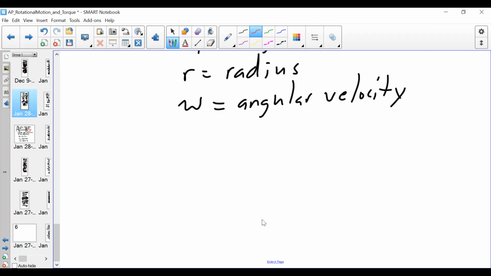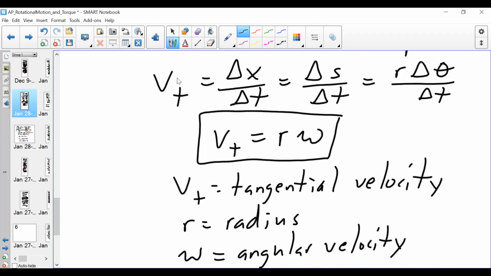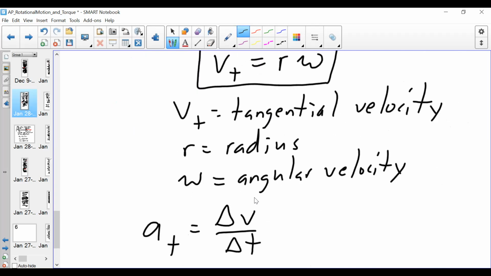So likewise, let's say we had an outside force that's going to accelerate the particle around the circle, so the magnitude of Vt changes. Therefore, we have a tangential acceleration, given as At equals delta V over delta t.